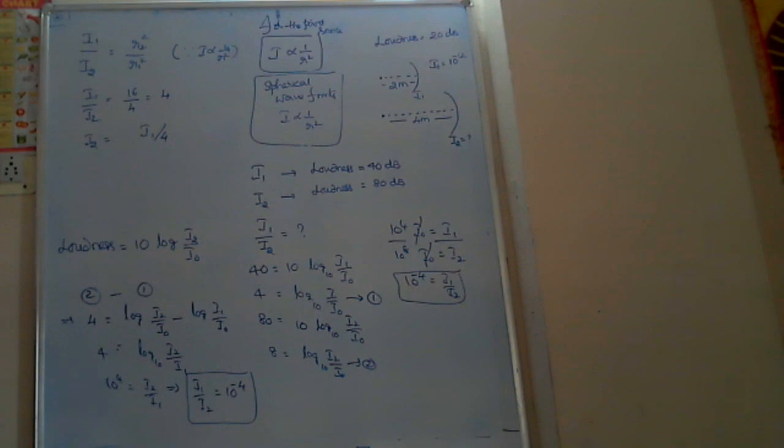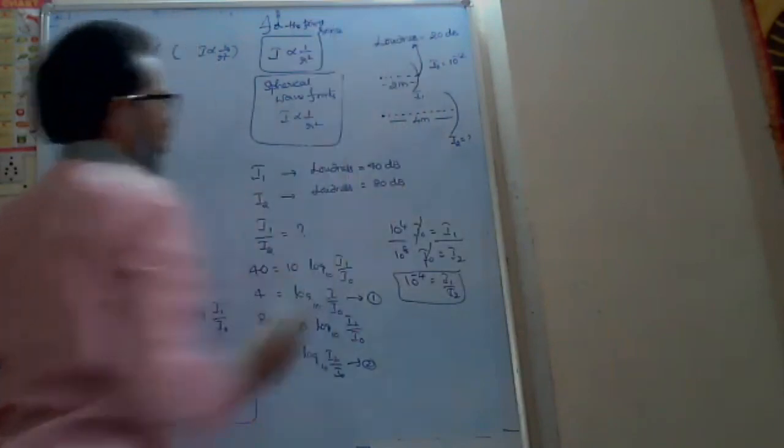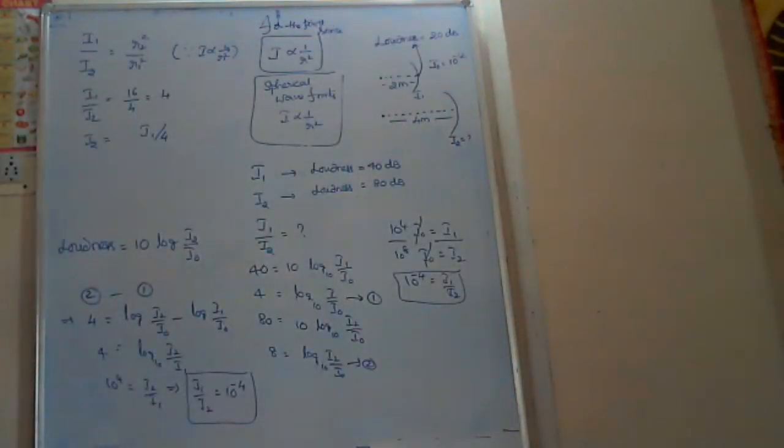That is at the first position, not at the second position. Second position he is asking. I2 can be written as I1 by 4, but I1? Sir, 20 is equal to 10 log I1 by I0. From there I have to find I1 first. Okay, very good.